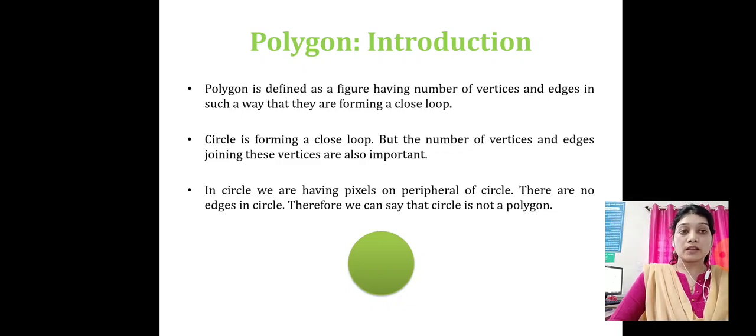But a circle is a loop structure, forming a closed figure, and we can't find the vertices and edges in that circle, because the pixels on the circle are on the peripheral, or the circumference, of the circle, and we cannot have edges between those pixels or vertices. Therefore we can say that the circle is not a polygon.